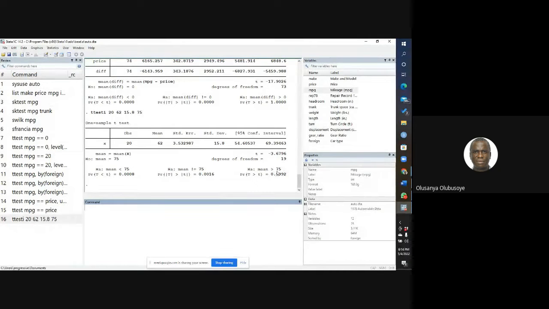And of course, you can't reject the null hypothesis in this case. And therefore, this test gives an indication that it is true that the mean is not equal to 75, but is lower than 75. That is the conclusion based on this.